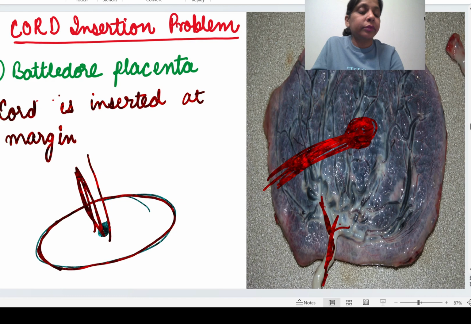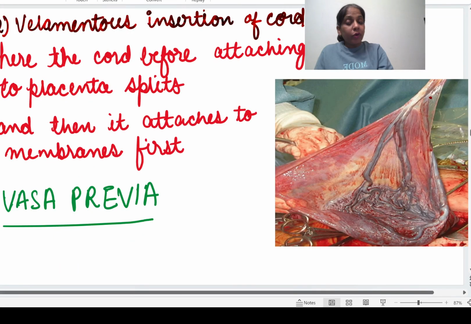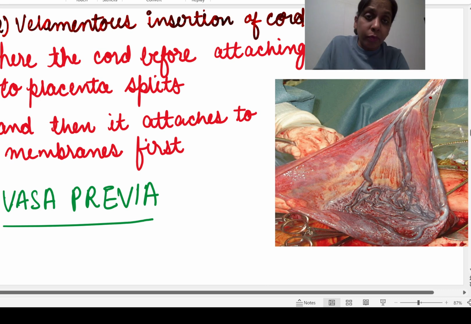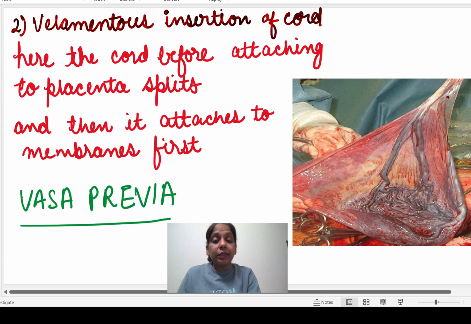The next type of placenta is velamentous placenta. What is velamentous placenta? It is being asked nowadays, it's asked too much. So just understand this concept of velamentous placenta. You all know what the umbilical cord is. Umbilical cord has 3 vessels, 2 arteries and 1 vein.